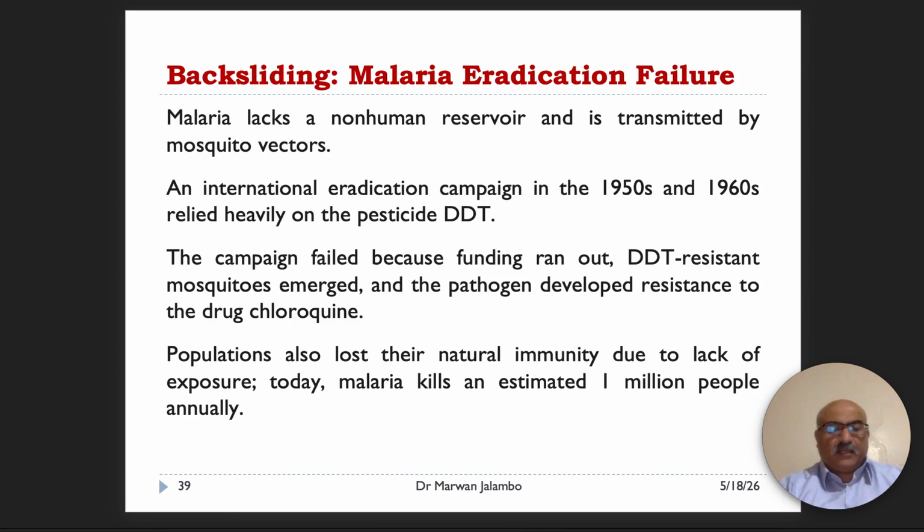Today, malaria remains incredibly widespread, killing an estimated 1 million people annually, proving that a failed campaign can cause devastating harm. A major barrier to disease control today is the fear of vaccines.